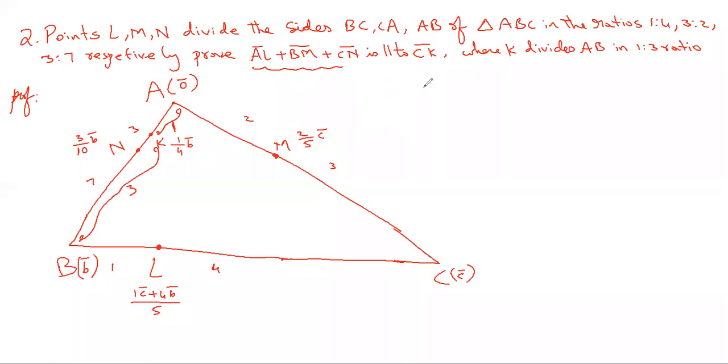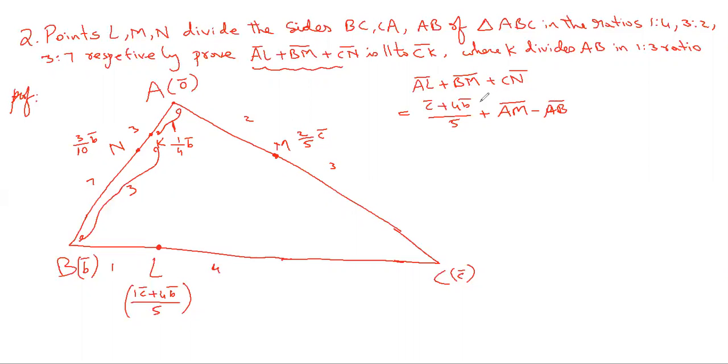Now you can start calculating AL bar plus BM bar plus CN bar. AL is just directly the position vector of L itself. So AL bar is C bar plus 4B bar by 5. Next, BM bar is AM bar minus AB bar.